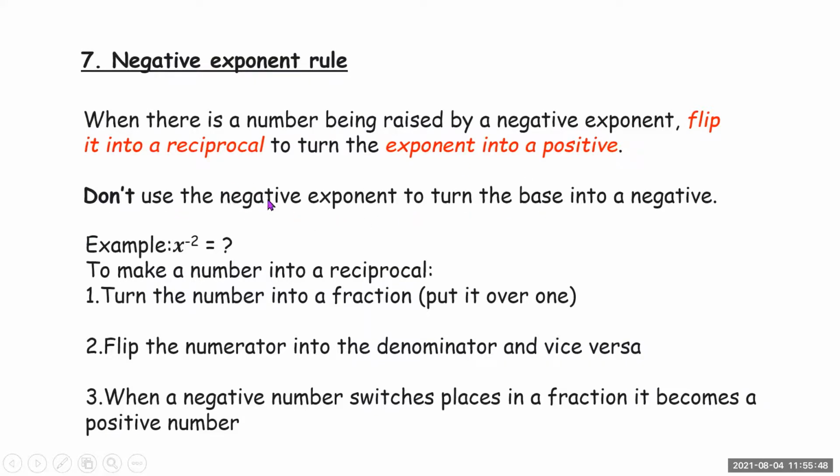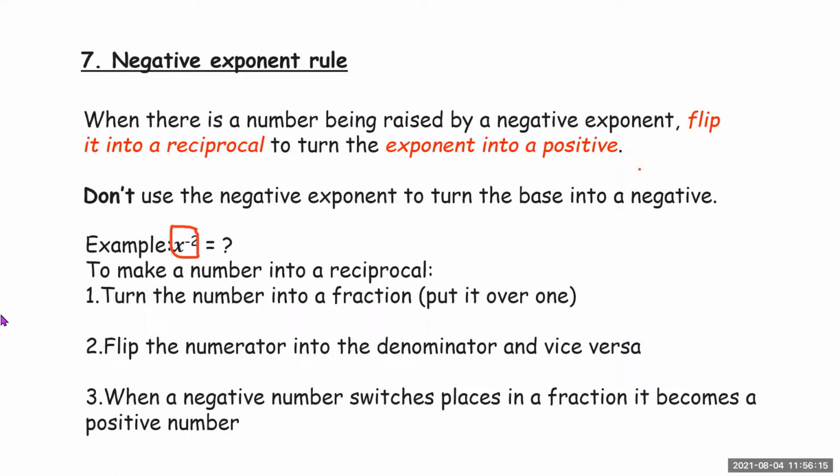The sign of the exponent has nothing to do with the sign of the base. So for example, if you have x power minus 2, we can write it as x square.